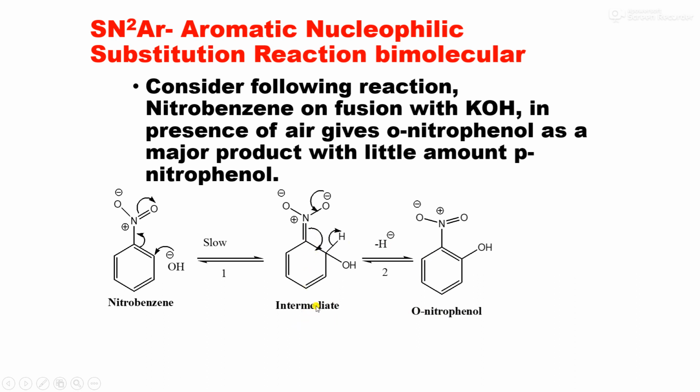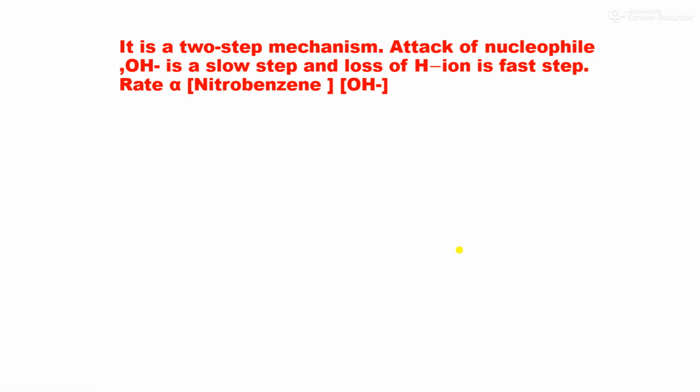So this intermediate is for this reaction, and this is the final product. This reaction has two steps. First step is a slow step, in which there is an attack of OH minus, and in the second step there is a loss of hydride ion.